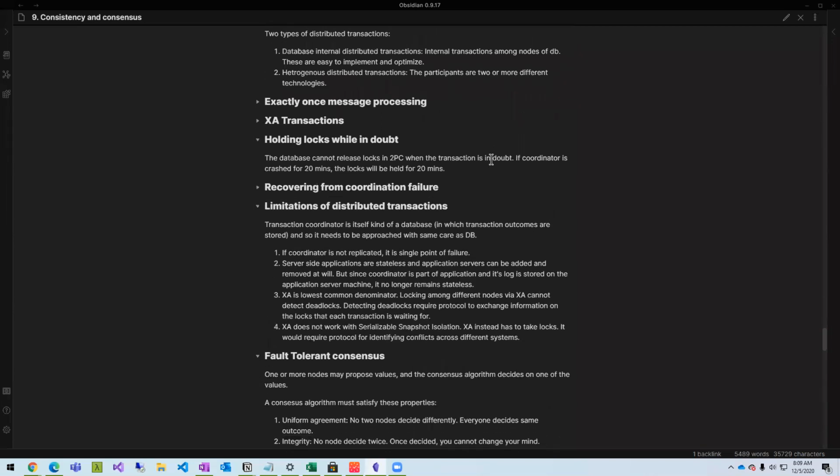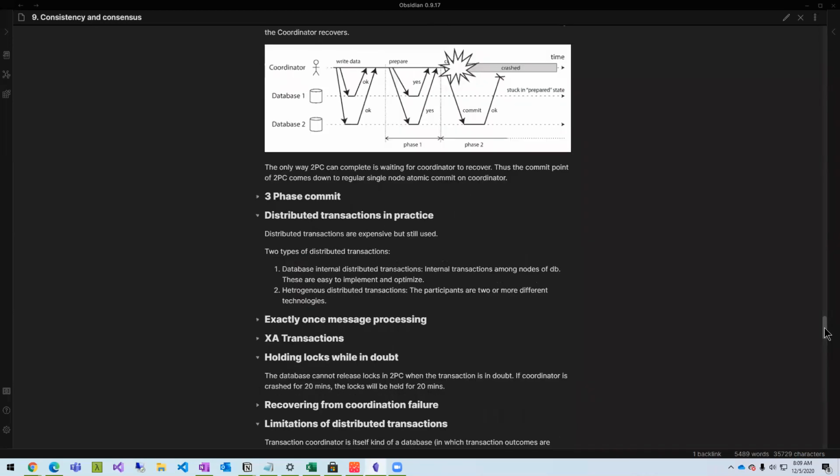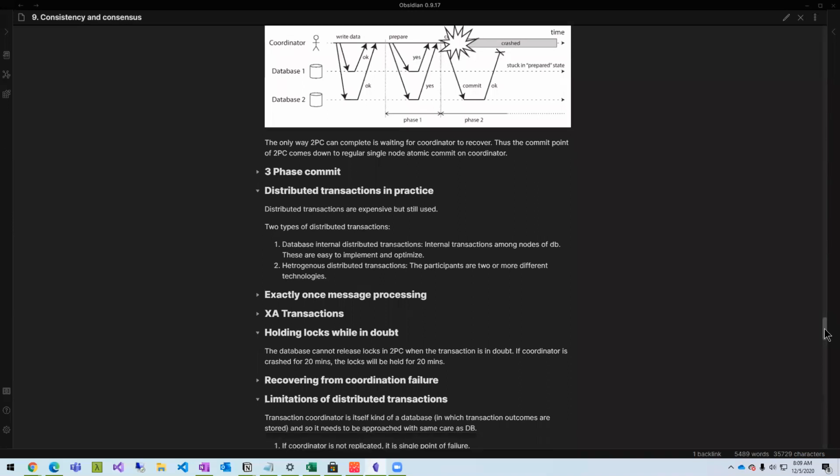Then the other thing is, when you are using XA transactions for heterogeneous distributed transactions, XA is the lowest common denominator. Now imagine all the problems which can happen with locking. Let's say there were two transactions, and these two databases were implementing XA. One transaction first takes a lock on row one.